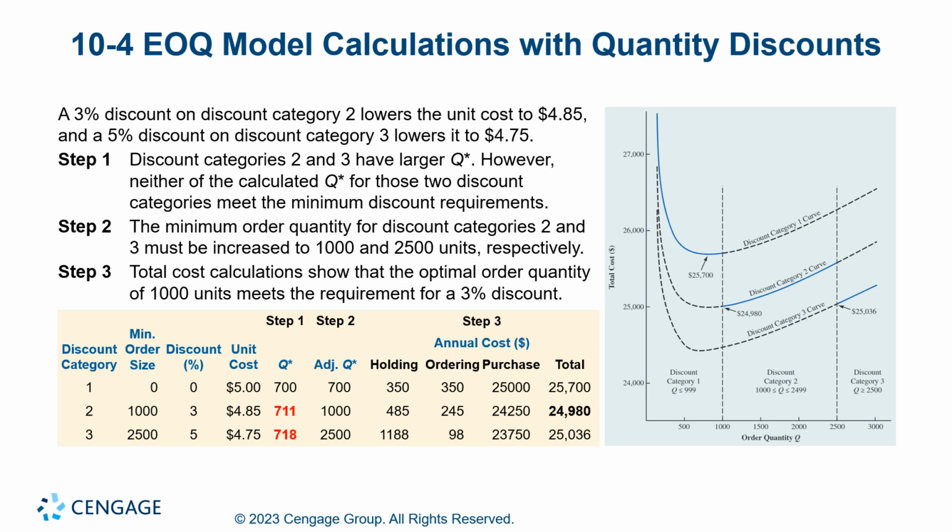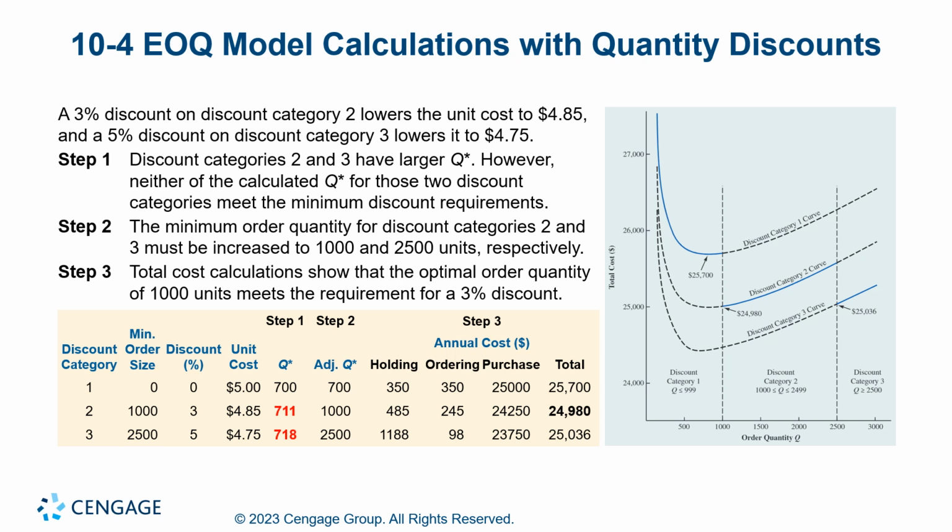Let's say you consider the 3 different prices: $5, 4.85, and 4.75. For all 3, you compute the Q optimal using the basic EOQ model. For the first one, with the unit cost of $5, you get 700.